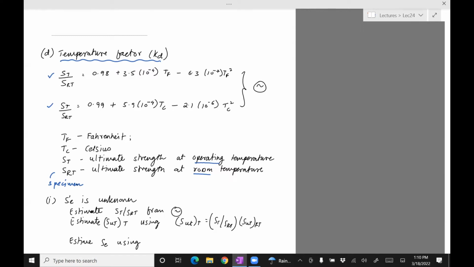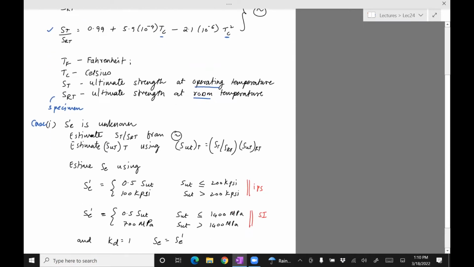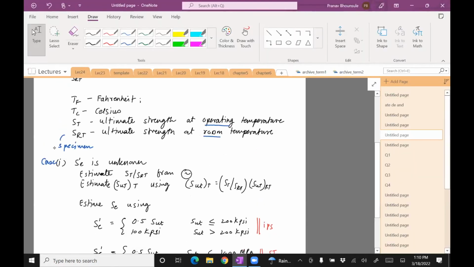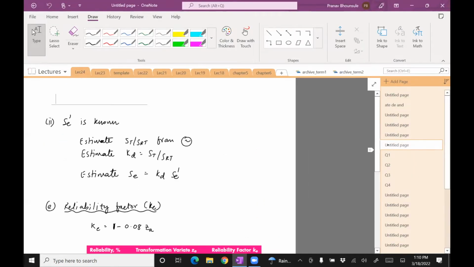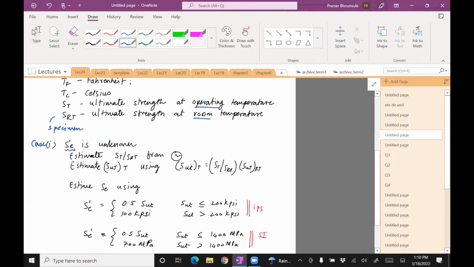So what you do is you figure out what the temperature is in Fahrenheit or Celsius, then compute this ratio St divided by Srt. Okay, now there are two cases. So this is case 1, and then there's case 2. So case 1 is when Se prime is unknown.